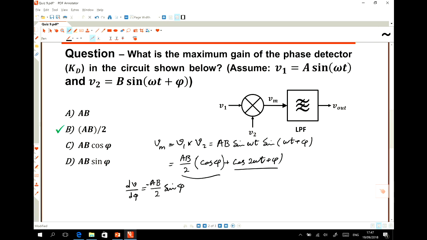So this is the output, and then for example, phi equals 90 degrees, you can get the maximum value, and then the gain max is AB divided by 2.